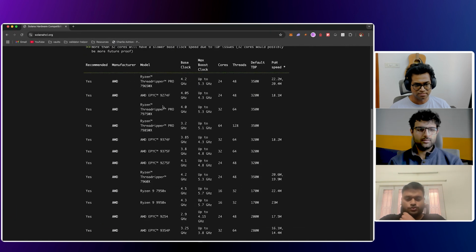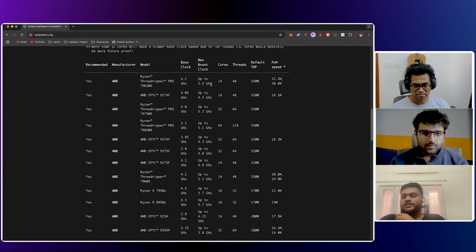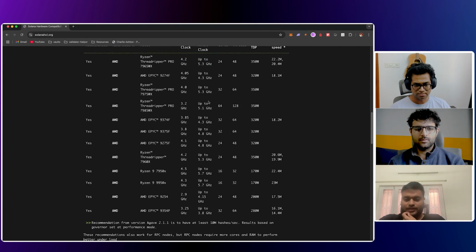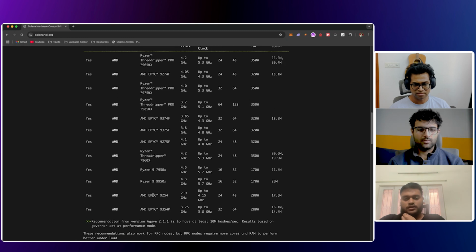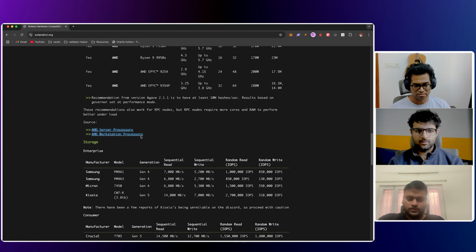This shows all the different CPUs you can run with their base clock. You have to run it in performance mode to get good power out of it. Mostly the architecture is AMD specific, so it's much easier to run on Epyc or Threadrippers.